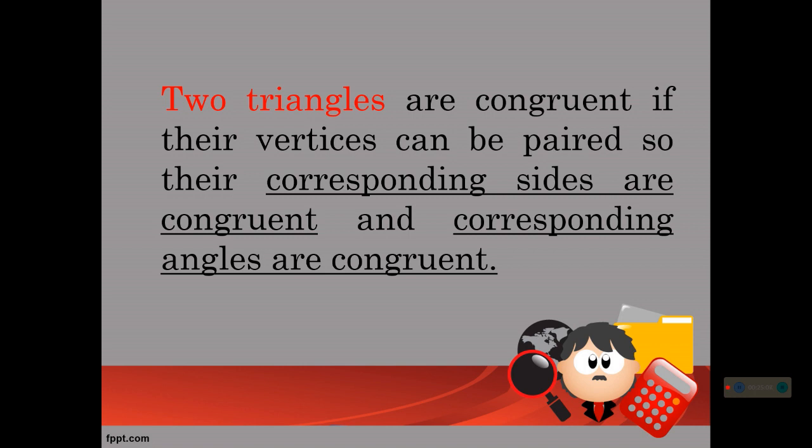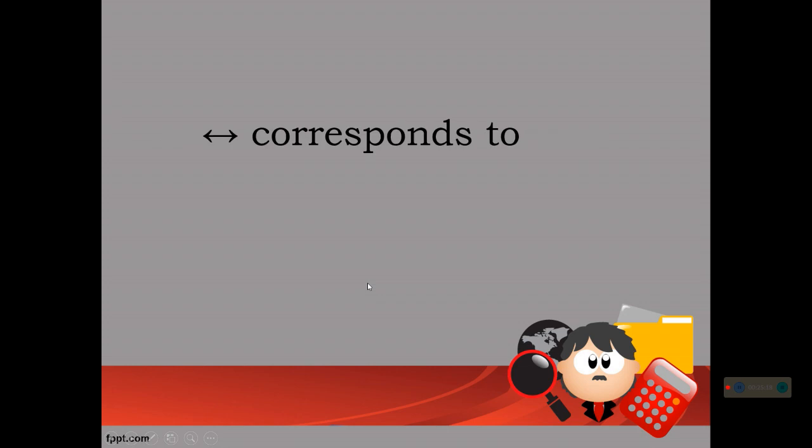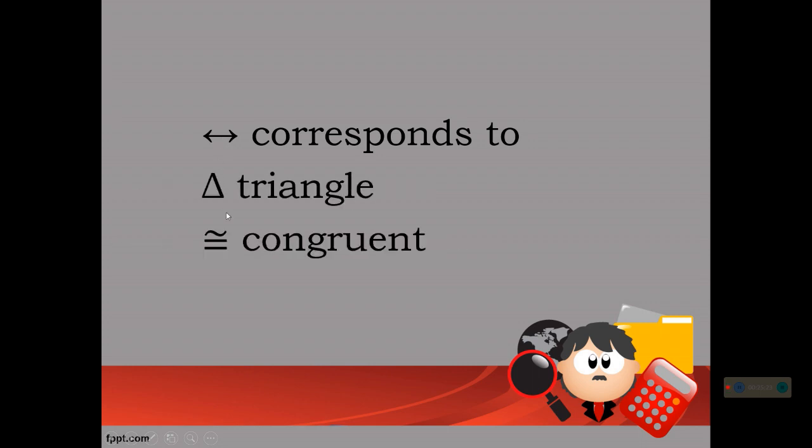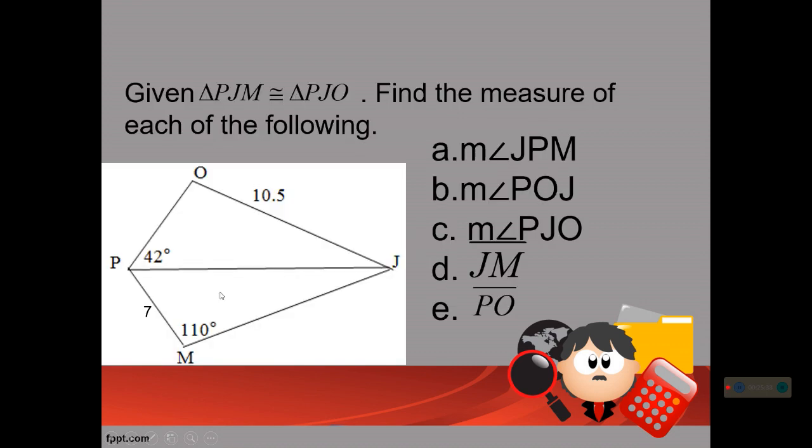Two triangles are congruent if their vertices can be paired so that corresponding sides are congruent and corresponding angles are congruent. These are the symbols that you have seen in our discussion earlier. This symbol is read as corresponds to. This is the symbol for triangle, the symbol for congruent, and the symbol for angle.